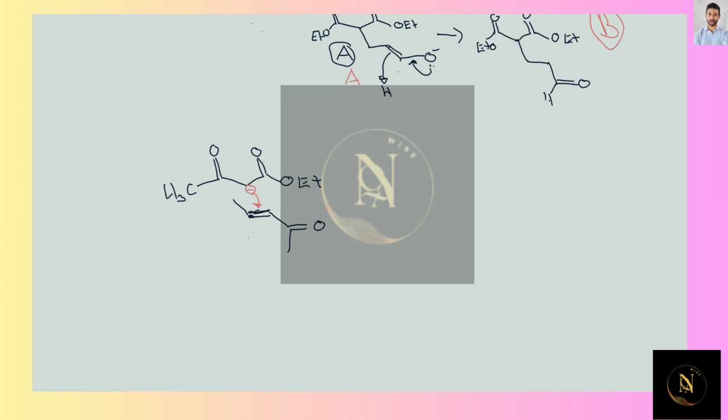Actually, let me be more precise with the arrow because this can be confusing. You attack that carbon over there, the pair of electrons goes, and the product that we're going to find, in this case it's going to be product C, CH3.